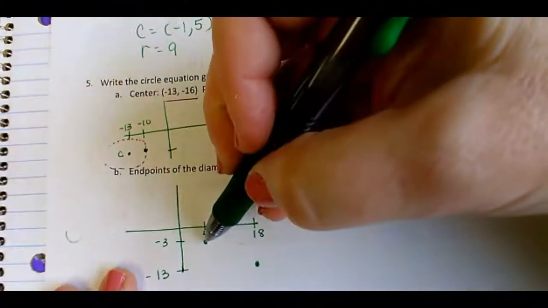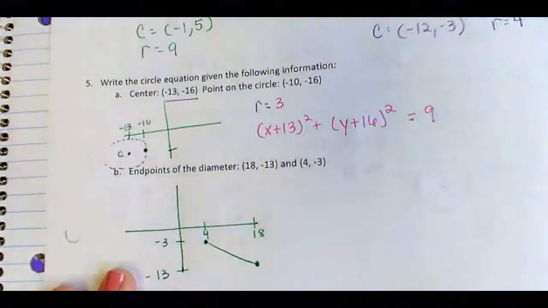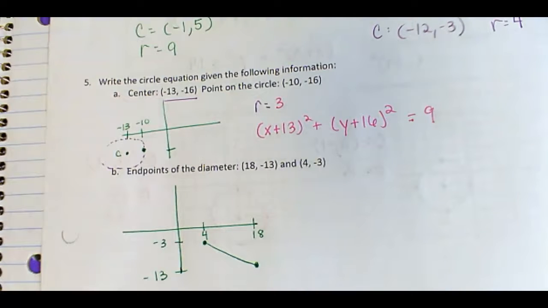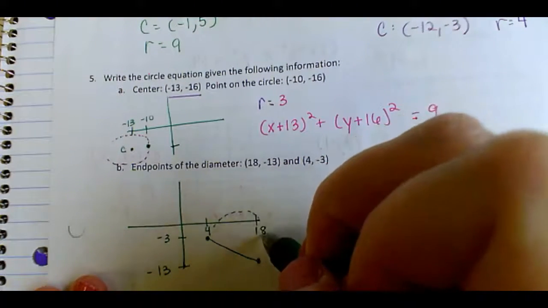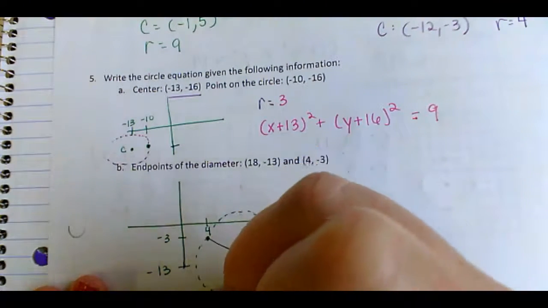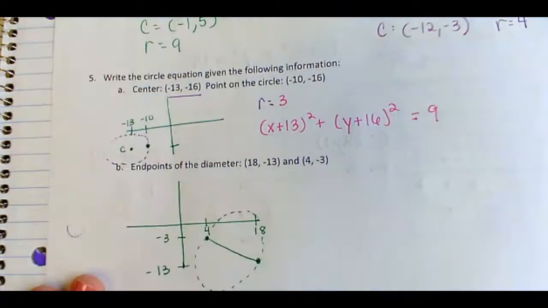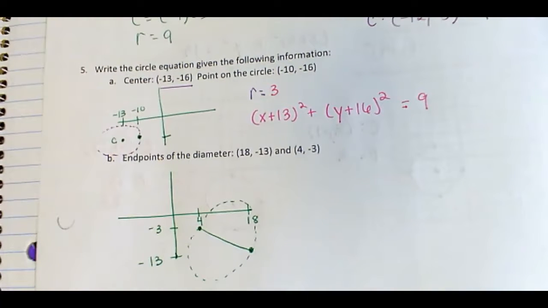But here's what it tells me. That is the diameter. Okay? Diameter goes from one side of the circle to the other side of the circle. So if I draw the circle, although I didn't do it exactly like a circle again, that's sort of what it would look like.